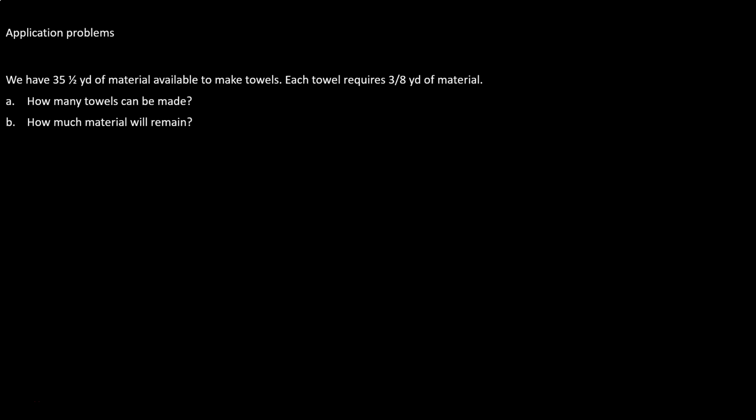So if we had a smaller amount of material, let's pretend we had 3 yards. Well, we could look at that as 3 on a number line. And the question is, how many towels can we make if each towel requires 3/8 of a yard of material?